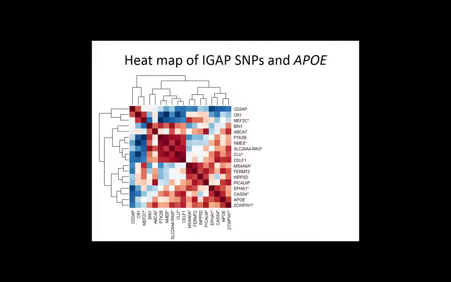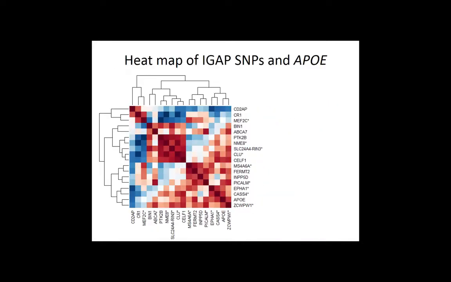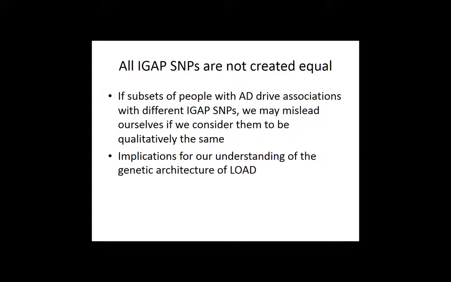Okay, so I have a question. Yes. We did something really similar with the Women's Health Initiative memory study data. And not just with the GWAS SNPs, but looking at candidates we had identified in the mouse by looking at different cognitive domains.